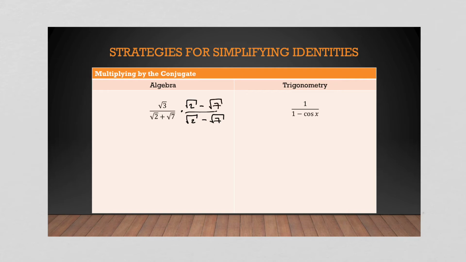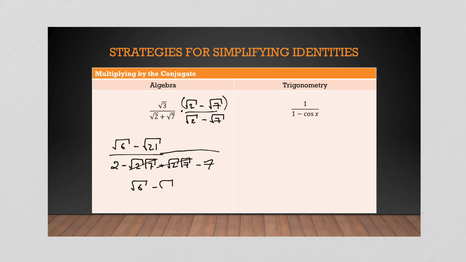Remember, what this would have given us is root 6, because the 3 is multiplying with those, minus root 21 over, but now when we FOIL this, we get 2, and then plus or minus root 2 root 7 plus root 2 root 7. So they cancel out. That's the whole reason why we picked the conjugate. And then minus 7. So that would give us root 6 minus root 21 all over negative 5. And it rationalized our denominator.